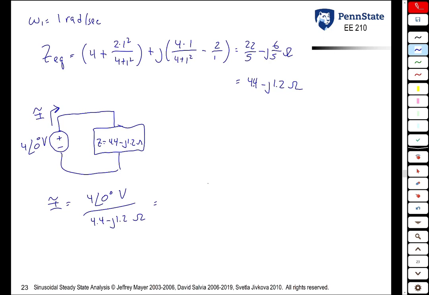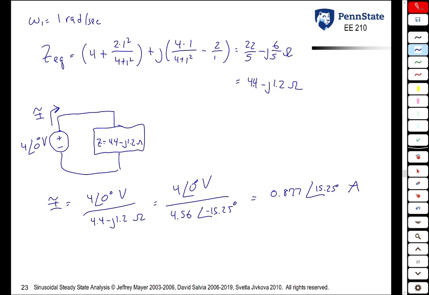Otherwise, you need to convert the denominator to polar form because it's much easier to divide complex numbers when they are in polar form. That becomes 4.56 at an angle of minus 15.25 degrees. 4 divided by 4.56 is 0.877. 0 degrees minus negative 15.25 degrees is plus 15.25 degrees.